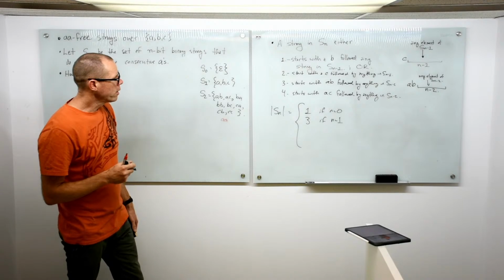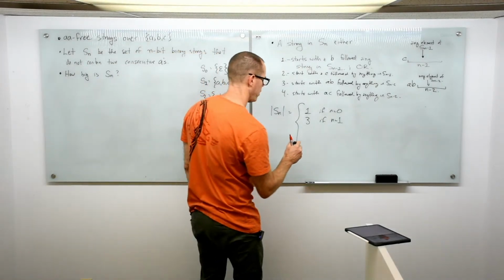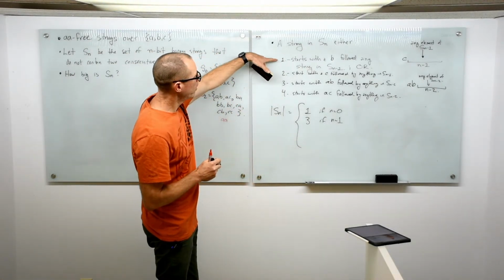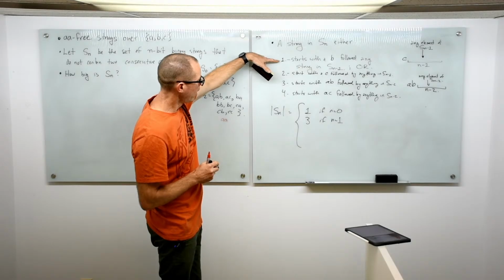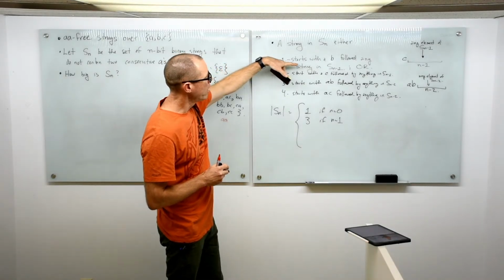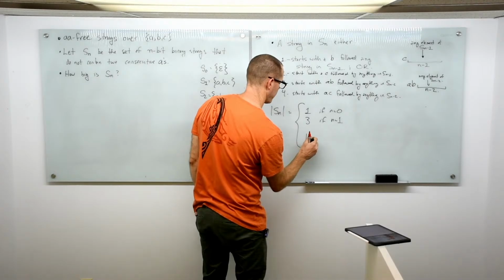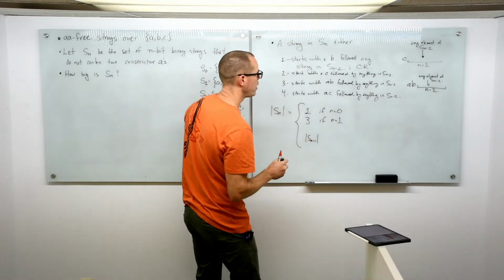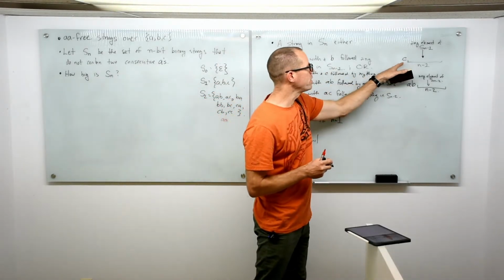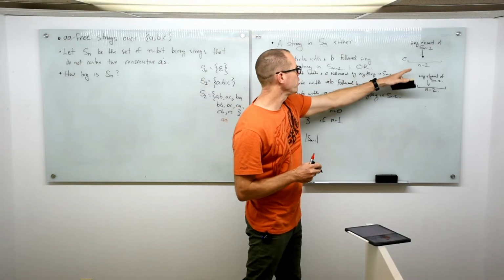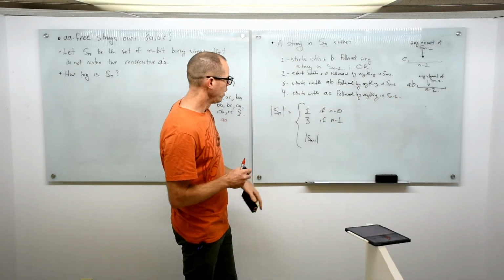And otherwise, what's the size of this thing? It's the size of Sn minus 1. Right? Take any string from Sn minus 1 and put a B in front of it, you get something from here.